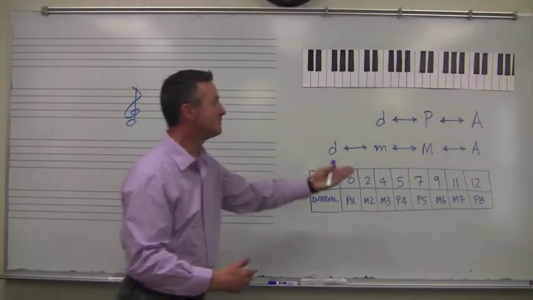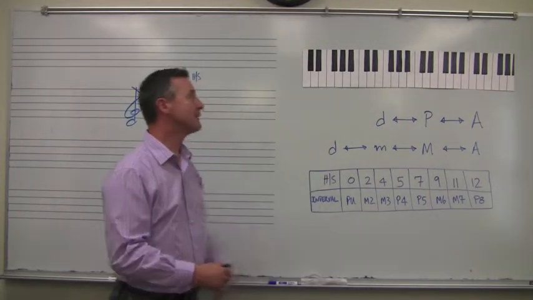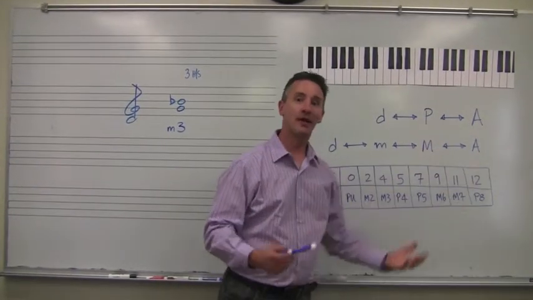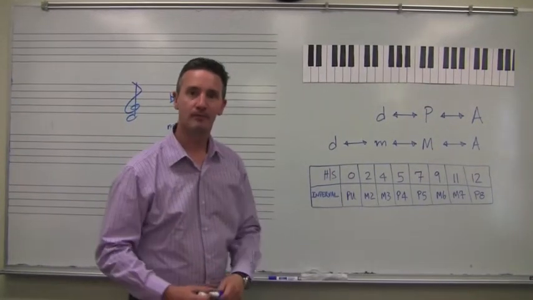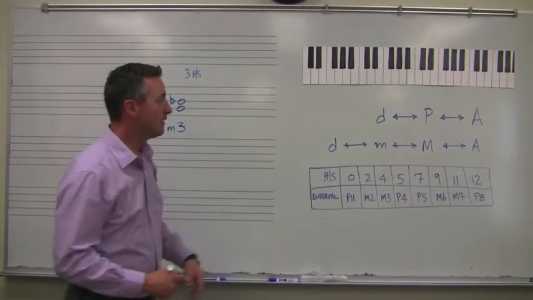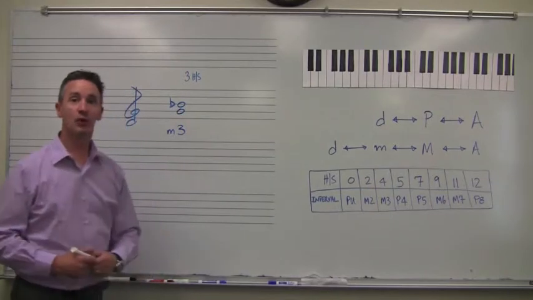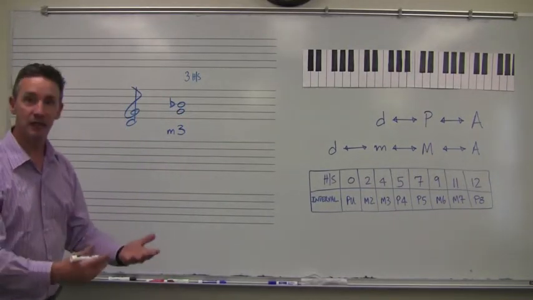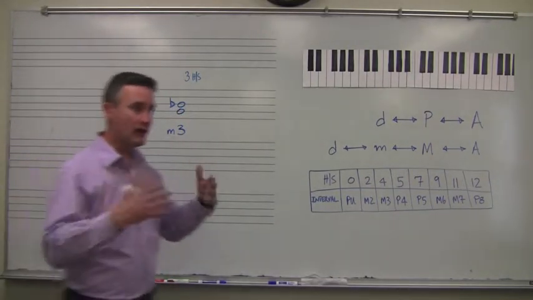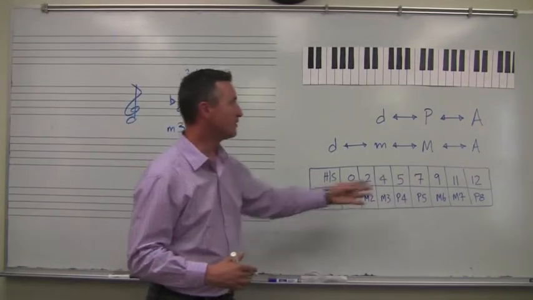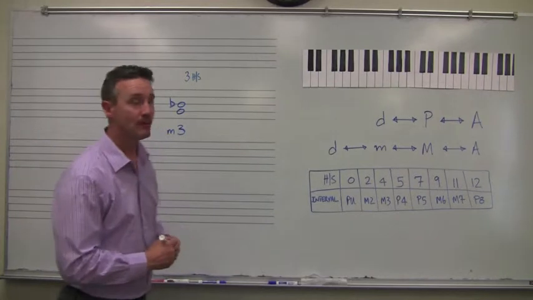If you have a perfect interval that's 1 half step smaller, it becomes diminished. If you have a major interval that's 1 half step bigger, it becomes augmented, and so on. Notice that major intervals can in fact even be 2 half steps smaller. You can end up with a diminished interval that otherwise in our referencing intervals we would think of as being major.